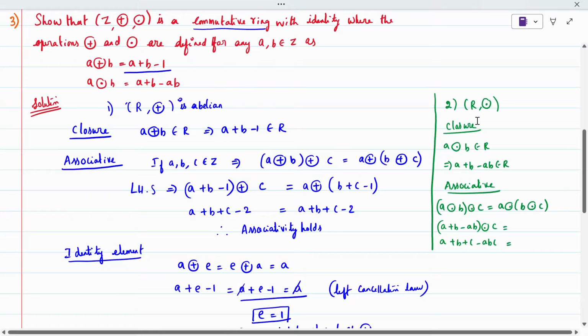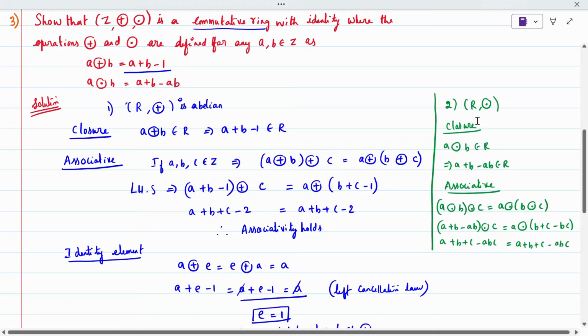Same way, the right hand side, A dot operation as it is, B plus C minus BC.